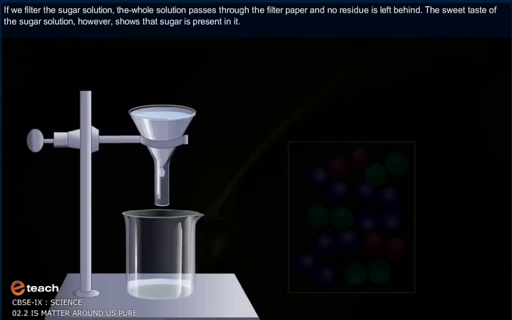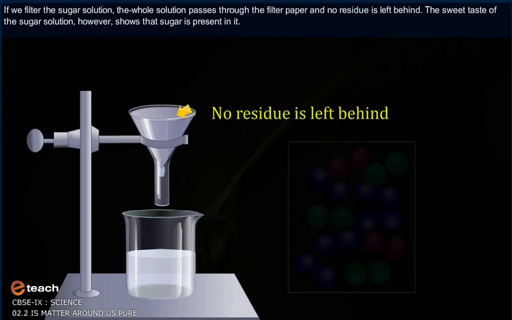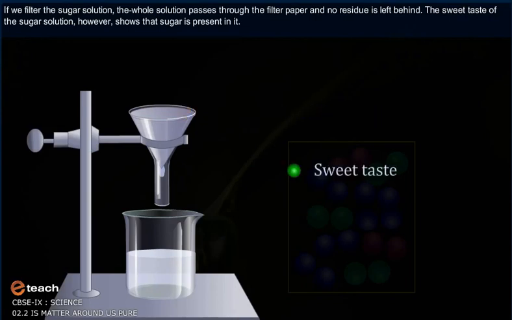If we filter the sugar solution, the whole solution passes through the filter paper and no residue is left behind. The sweet taste of the sugar solution, however, shows that sugar is present in it.